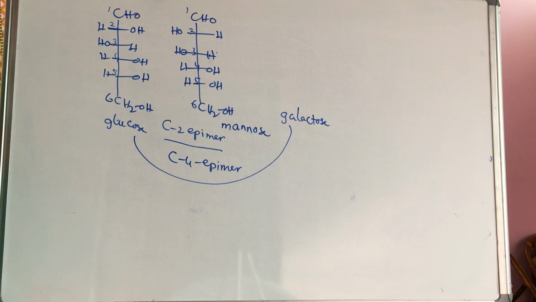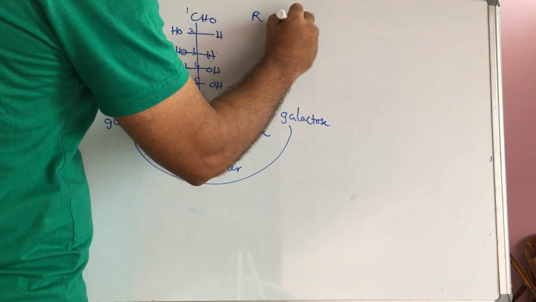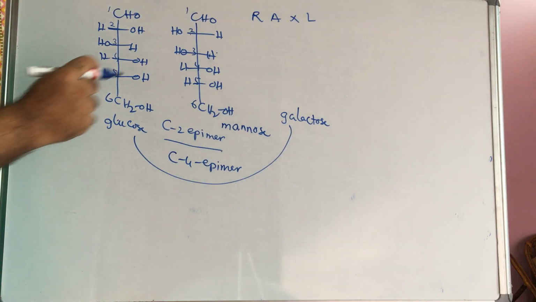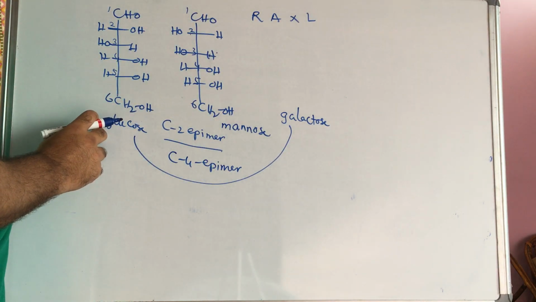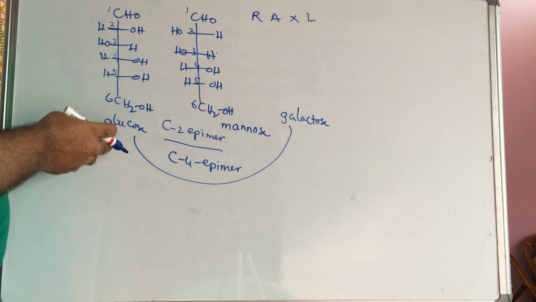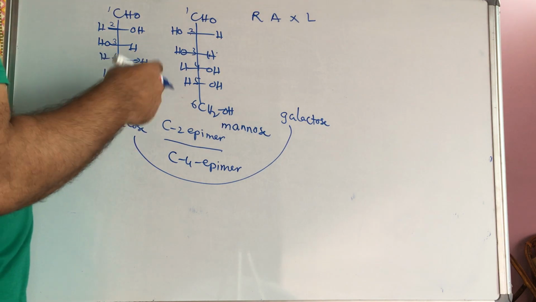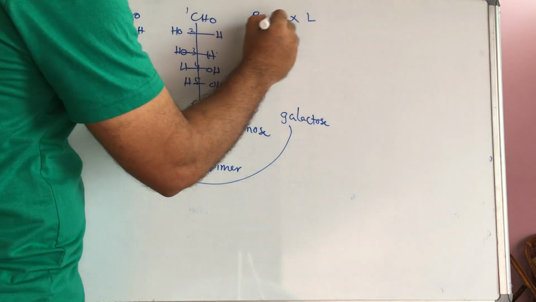So we know only the glucose, mannose or galactose structures. Sometimes they may ask questions on RAXL. These are pentoses, those were hexoses. Aldehyde group with 6 carbons is aldohexose; these are aldopentoses. What does RAXL mean?